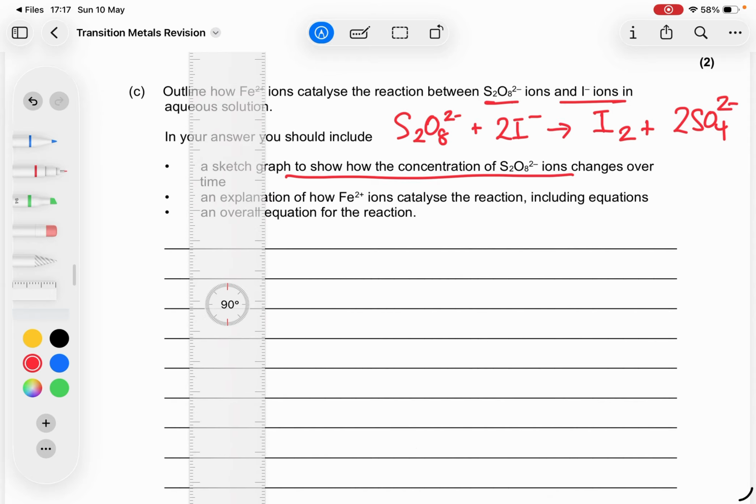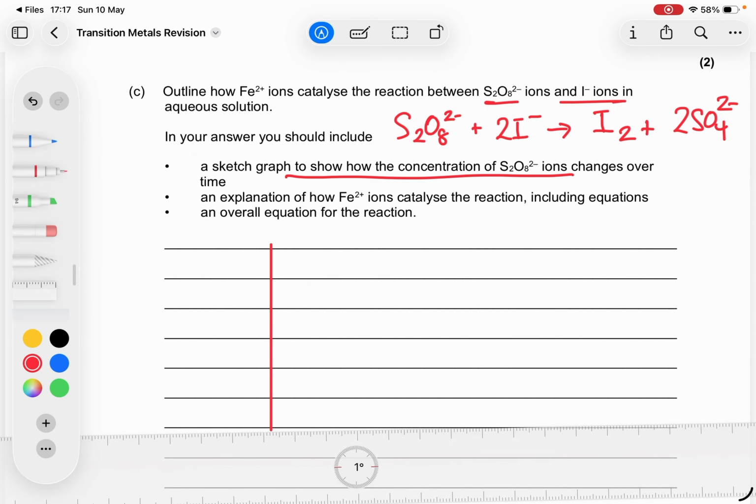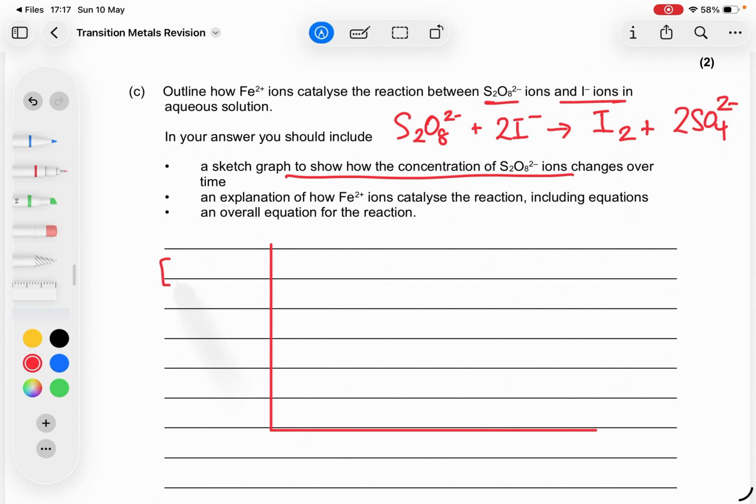Look, I'm going to show you why it's so important to draw the axis properly. Okay, so we're doing the first bullet point first. Concentration of S2O8 2 minus in mole per dm cubed, time in second or minute, and a standard graph.